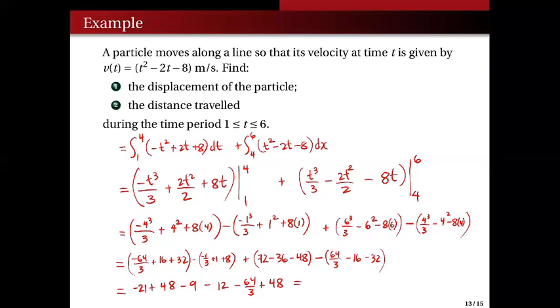So if we simplify this, in here you have minus 21 minus 9, that's minus 30, minus 12, so that's minus 42. And then minus 42 plus 48, that's plus 6. 6 plus 48, that's 54, minus 64 over 3.